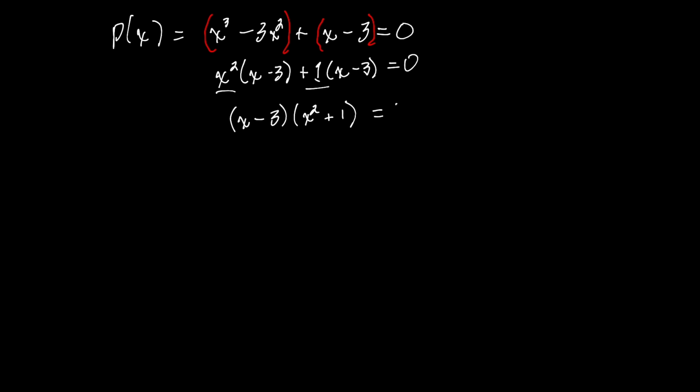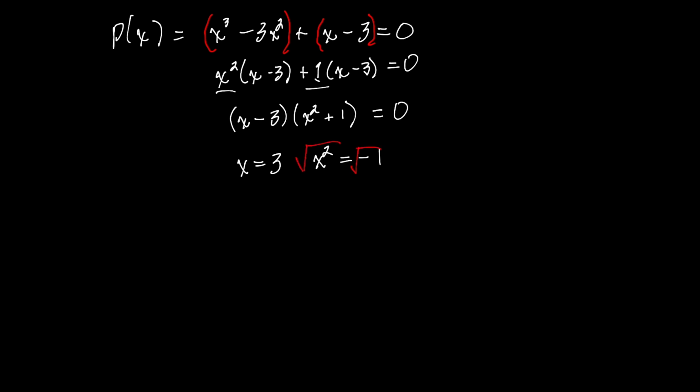Still equal to 0. But now I can use the zero product property. If this times that equals 0, then either this is 0 or that is 0. If the first one is 0, easy enough: x is 3. If the second one is 0, that means x squared is going to be negative 1. Hey, that's the imaginary unit.